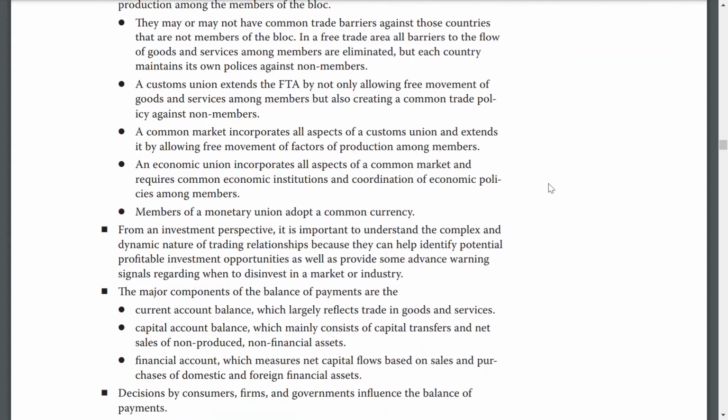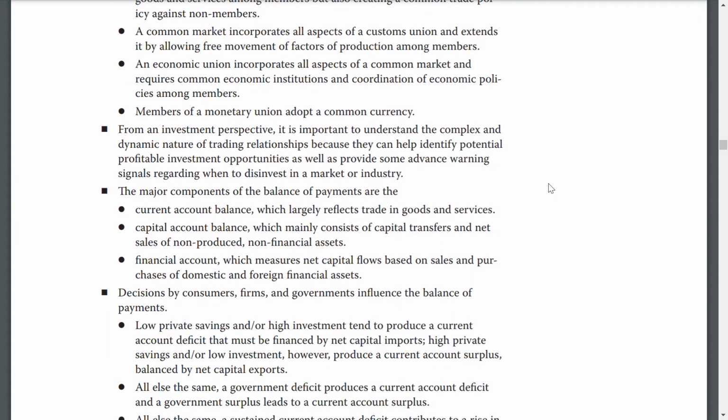Okay. From an investment perspective, it is important to understand the complex and dynamic nature of trading relationships because they can help identify potentially profitable investment opportunities as well as provide advance warning signals regarding when to disinvest from a market or industry.